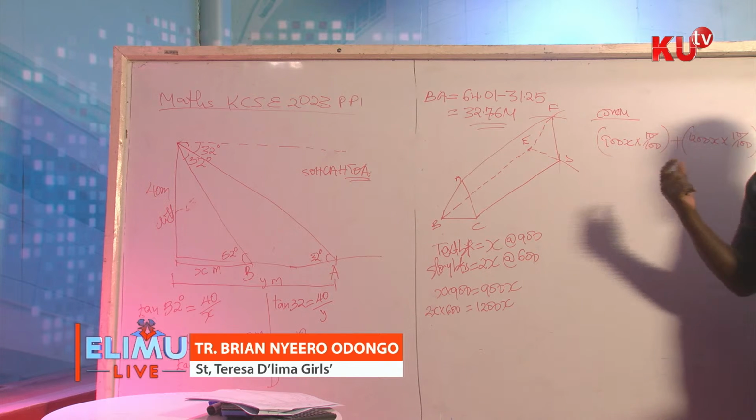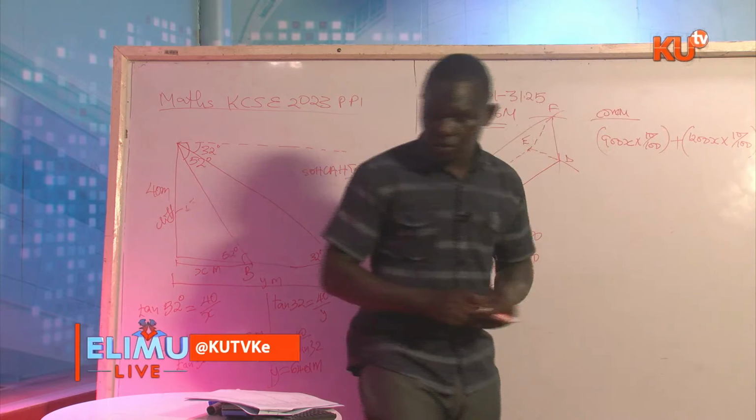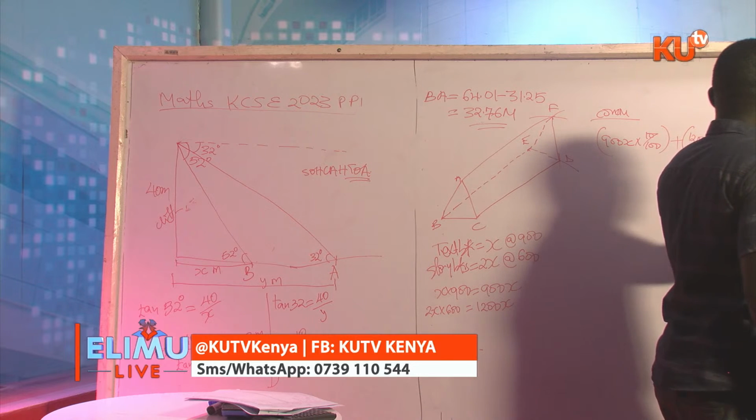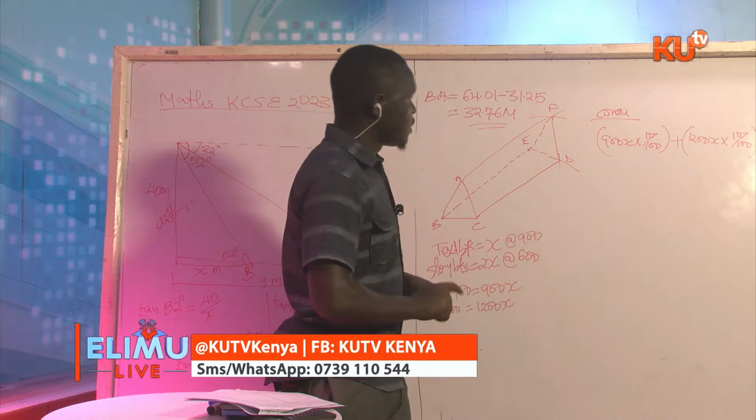So these expressions will give you the total commission, which equals 8,400. This should be equating to 8,400.